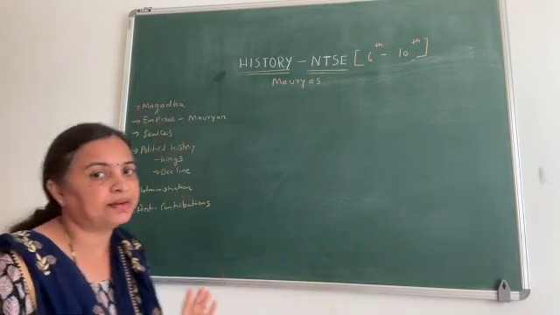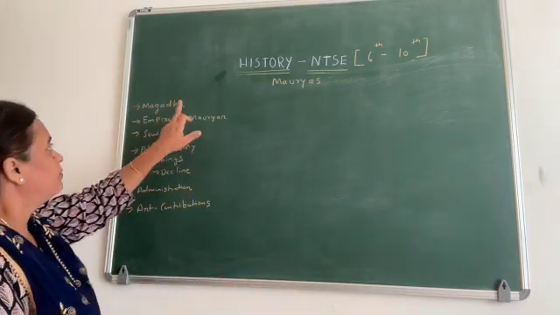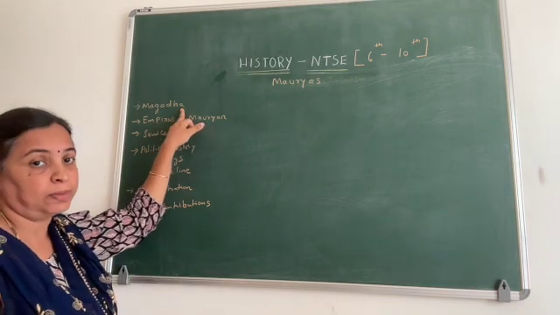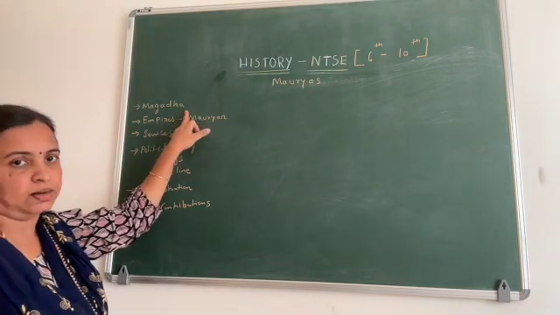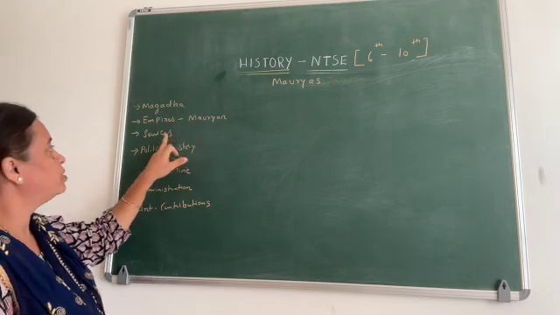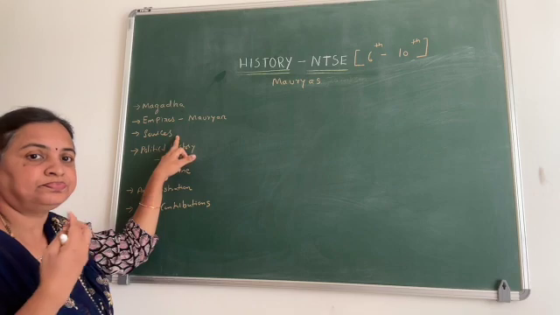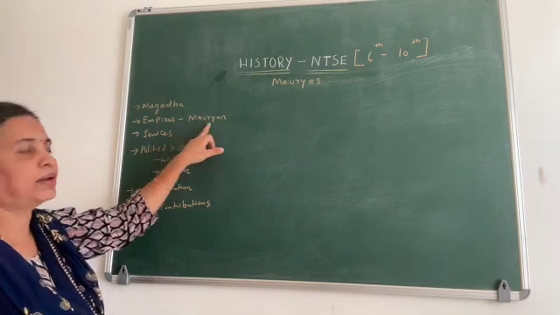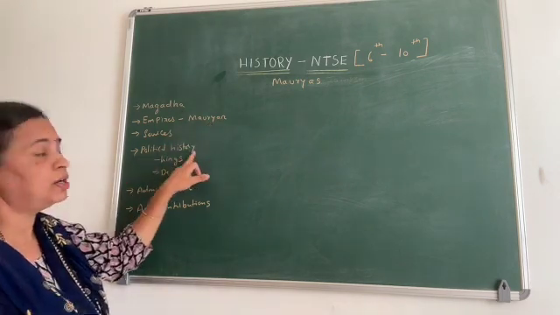What all we will cover in this chapter is, we'll talk a little bit about the Mahajanapada of Magadha. Then we will talk about the Mauryan Empire. Then we will talk about what the sources for this Mauryan Empire are. We will look into the political history.